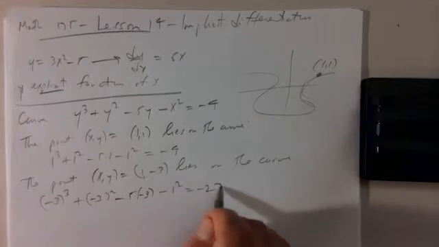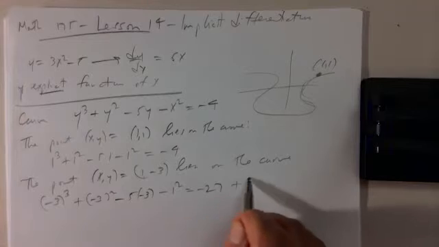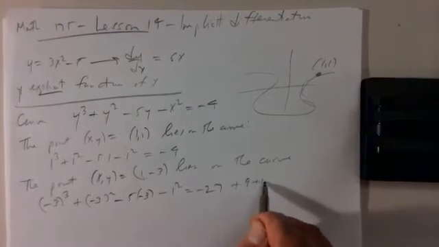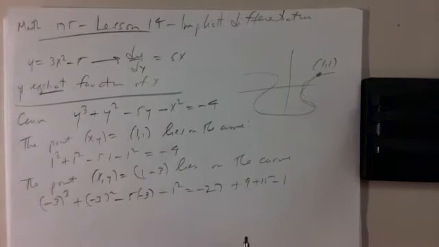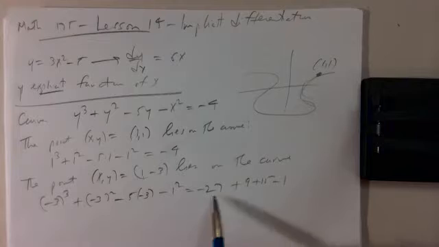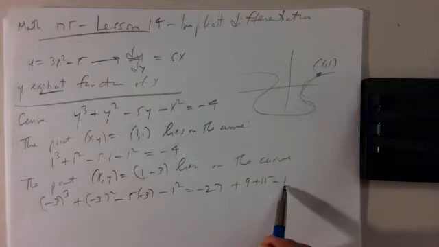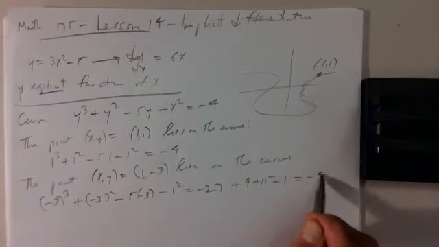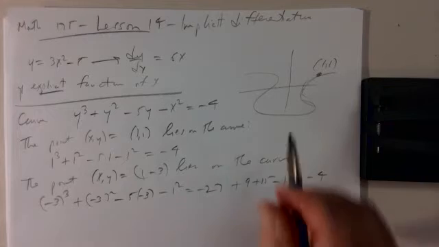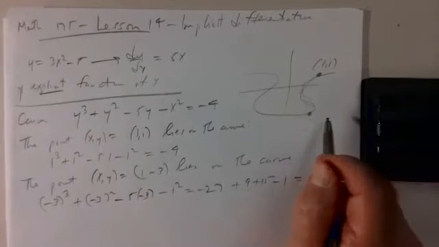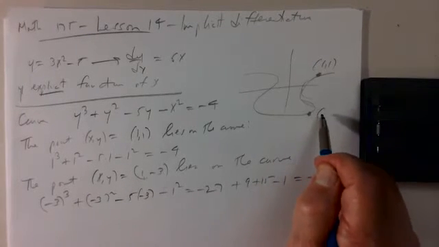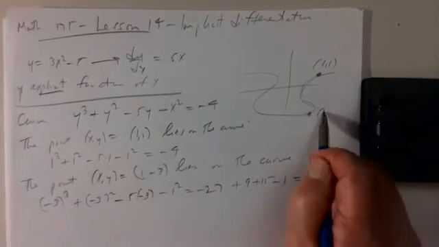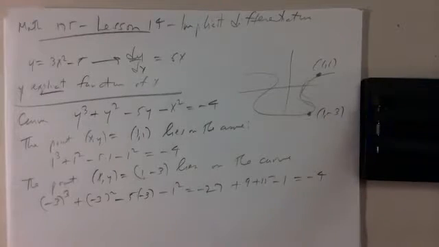That's minus 27 plus 9 plus 15 minus 1. So this is minus 27 minus 28 plus 24. That's minus 4. So this point, (1, minus 3), also lies on the curve. Right?